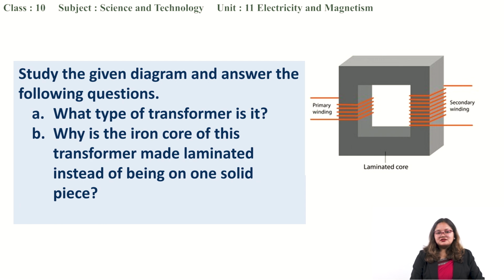As we have mentioned in the construction part, in a transformer we use laminated iron core sheets and stack them together instead of one whole thick iron part, right? So why do we do this, and what type of transformer is this? Try to solve these questions and then show it to your teacher.